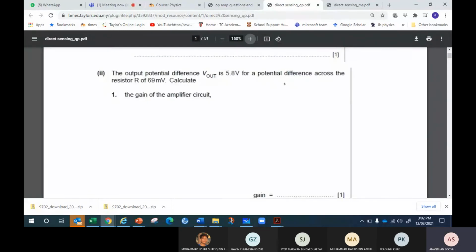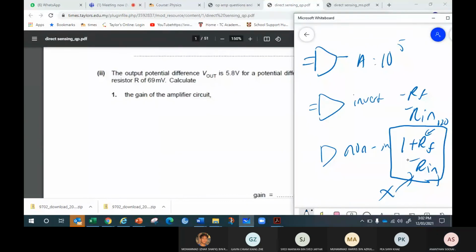So gain, in this case, we know is 1 plus RF over Rin. But there is another common gain formula, right? Actually, gain is output over input. So here 5.8 divided by 69 millivolt is your gain.